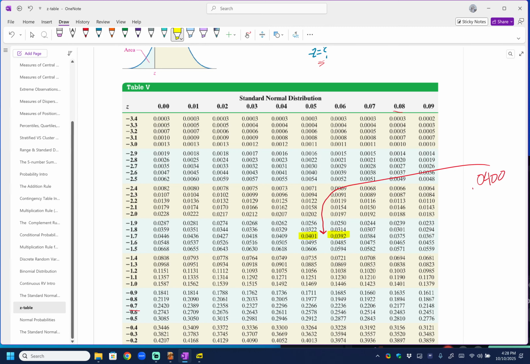If the value 0.0400 falls exactly halfway between these numbers, then we end up having one procedure that we're going to use. We'll see that in a second. I don't want to get too far ahead of ourselves. But if this value is closer to one of the highlighted values that you see, either this one or this one, then we choose that value.